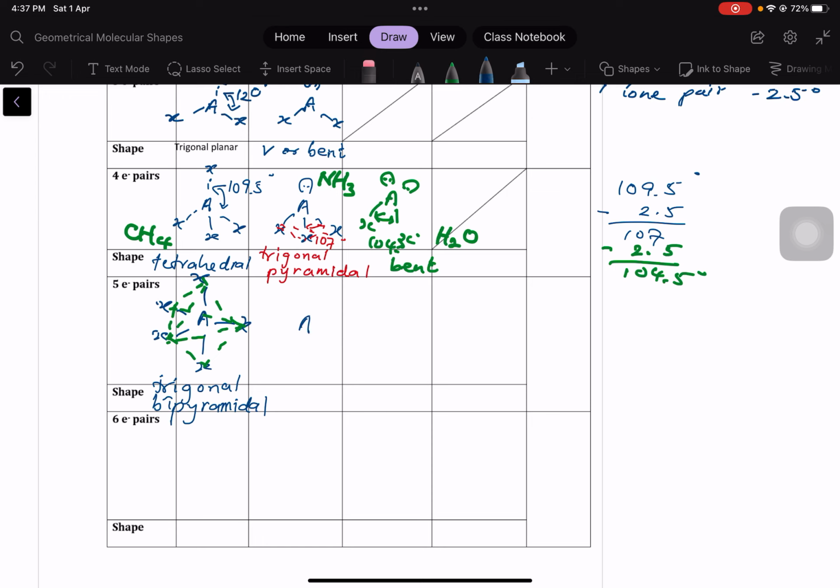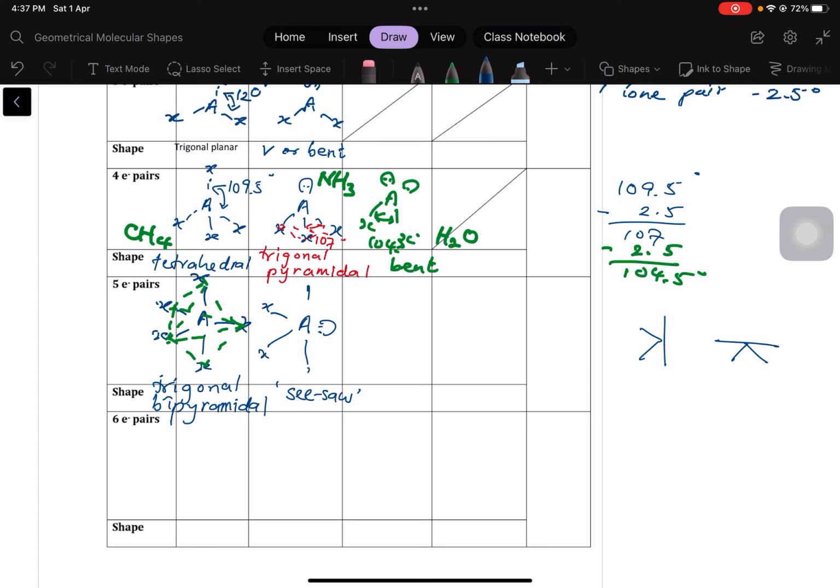So I will have 1, 2, 3. In order to reduce the repulsive force, I am going to take away one bond right here and replace it with a lone pair. And from far you can see the shape looks like a K, or if I turn it around, you will see that this is a seesaw shape.